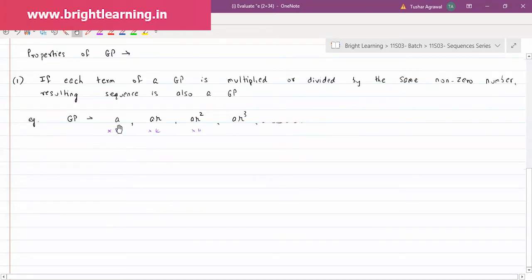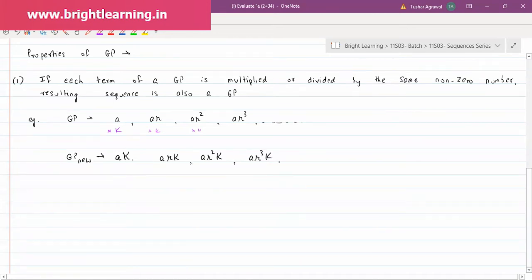Multiplication by K is the same as division by another constant, the other constant being 1 upon K. So I will just explain for multiplication. The reasoning for division will hold the same. The new sequence is what? A times K, A into RK, A into R square K, A into R cube K.